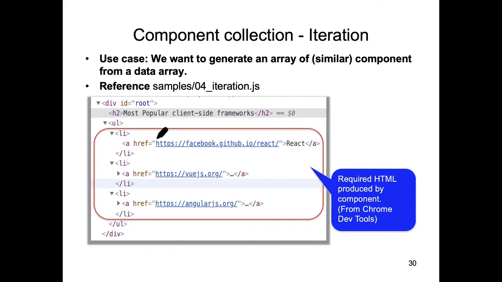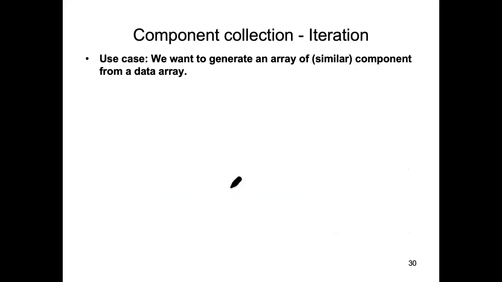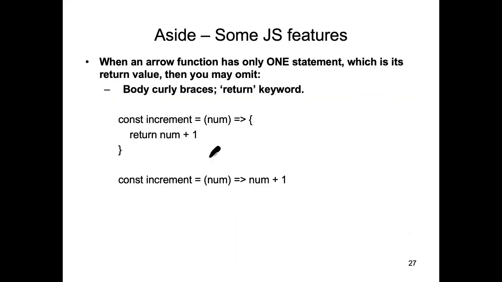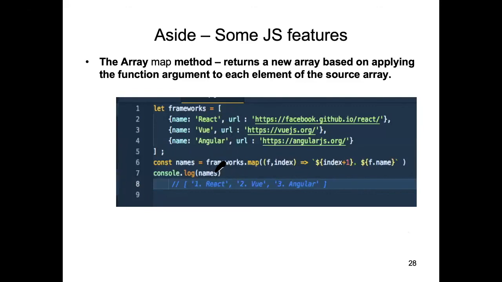And presumably from a data point of view, this URL and this name here, this is the data that I want to put into an array, and from that data array, I want to generate an array of LI elements. That's my objective, which is close to what was going on here. Instead of the callback function just generating a string, supposing the callback function generated a JSX LI element, that would mean this names array here would be an array of LI elements.